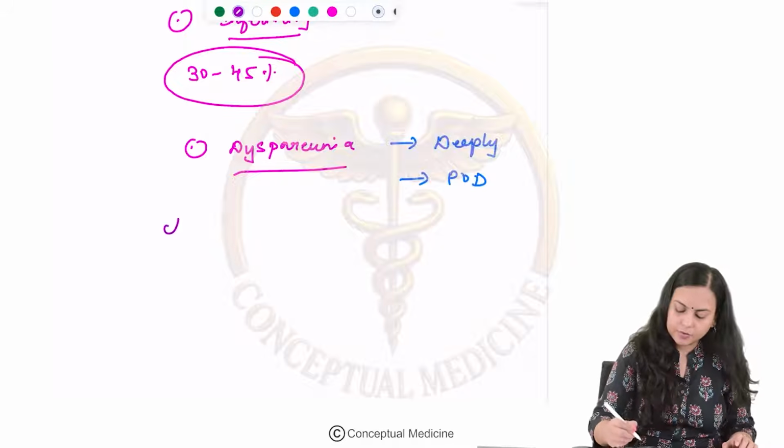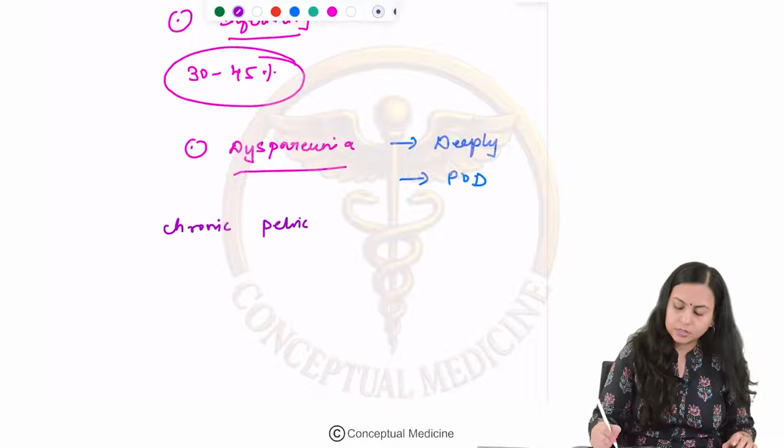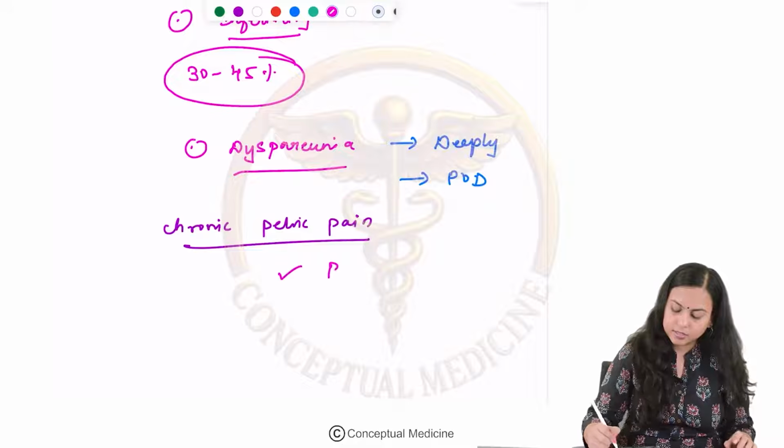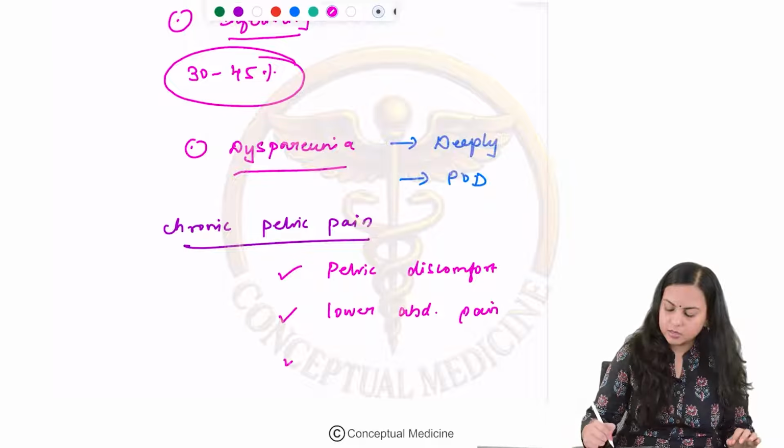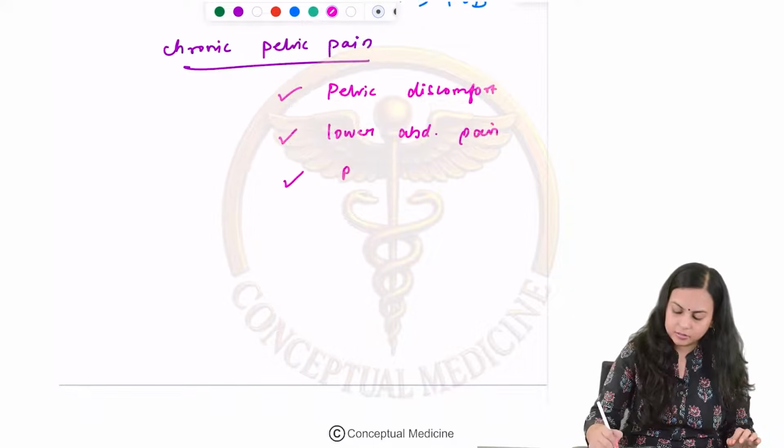Some women may also present with chronic pelvic pain, which produces pelvic discomfort, lower abdominal pain, and even backache. Clear?